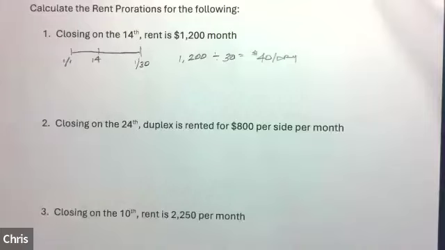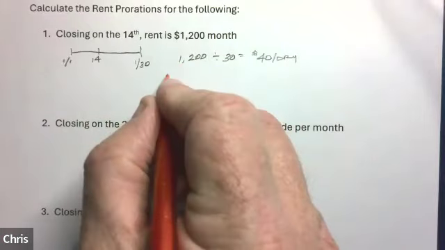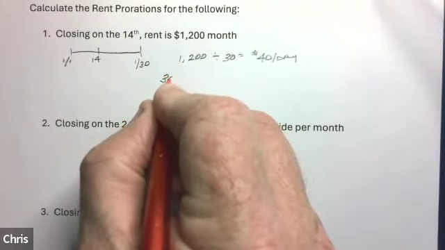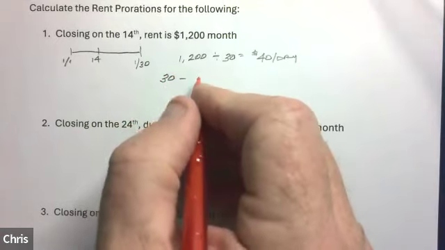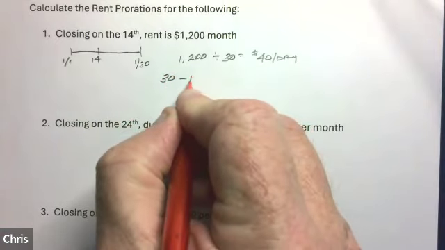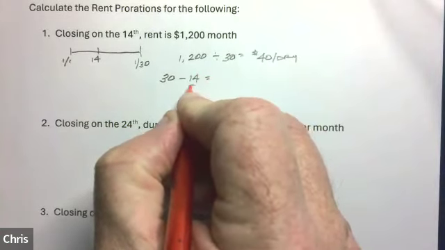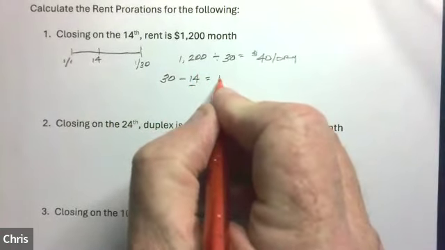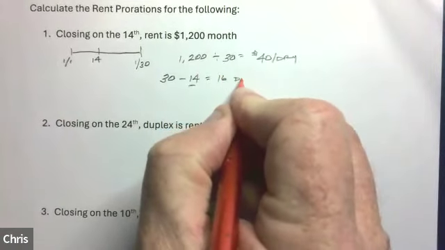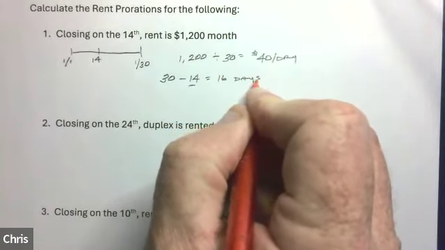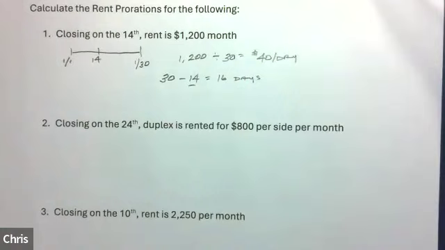So at closing, what we're going to do is an adjustment. There's 30 days in the month. It's closing on the 14th. So while the seller is going to keep the 14 days, the 16 days of rent, and keep in mind on this one, there is no +1 or anything like that. The seller gets to keep the day of closing in this case. So the buyer is not involved in the day of closing.